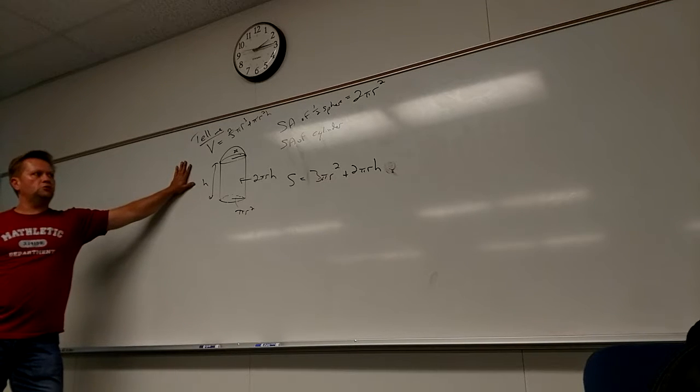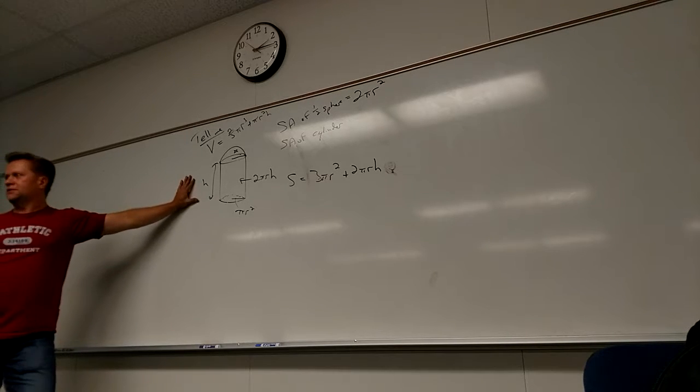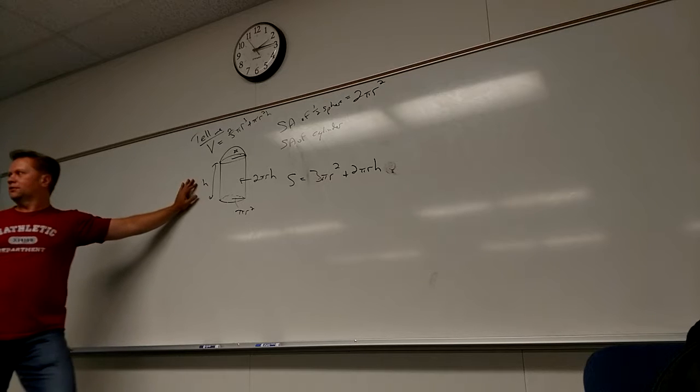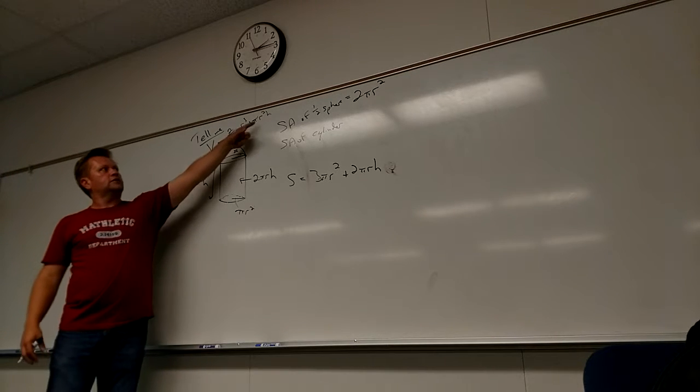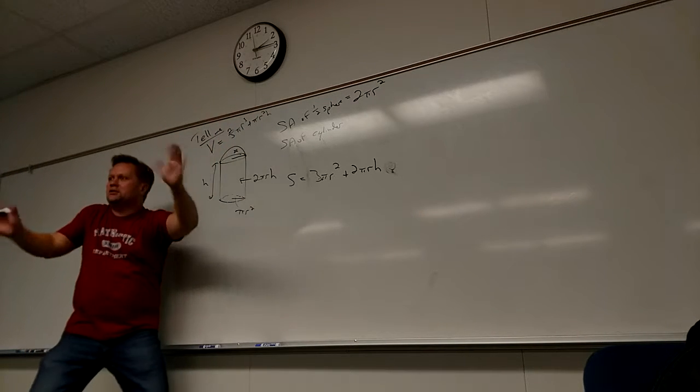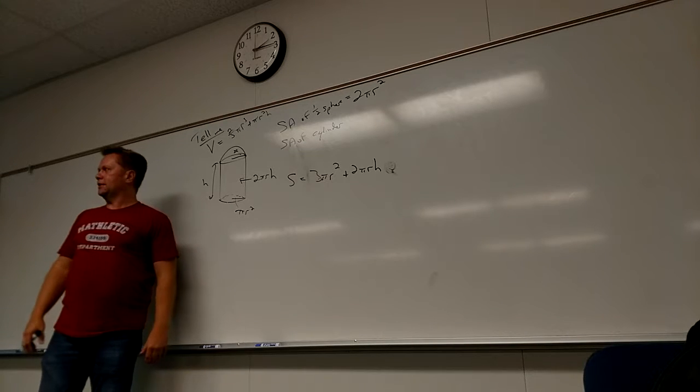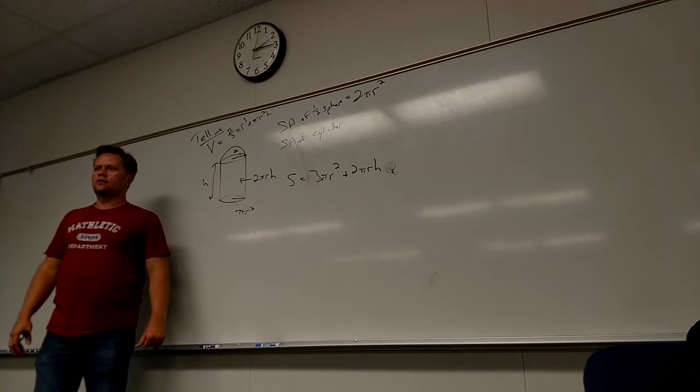Which variable can you solve for easiest? H. If you said r, it's going to go show me. Yeah, I can solve for h because there's only an h that shows up. That's easy. I can get h by itself all day long.